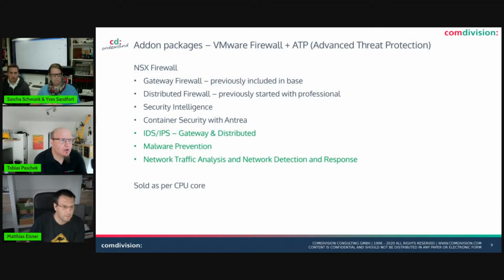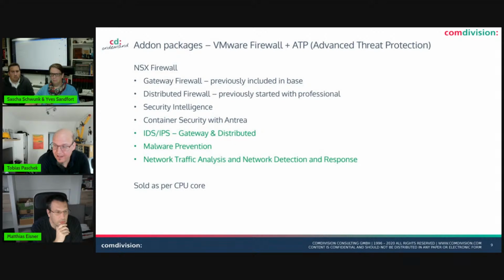Yeah, for sure. IDS IPS can be utilized in two different manners nowadays. We can utilize it on the east-west side, directly on our ESXis, and also on the north-south side. But here there is a little limitation at the moment.